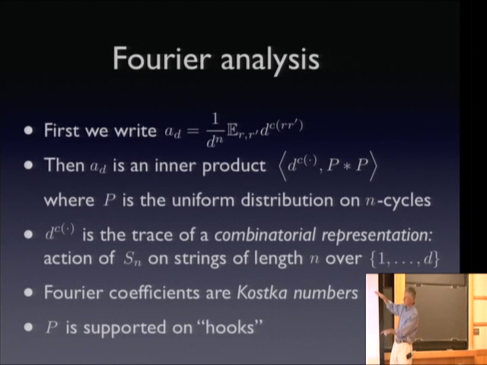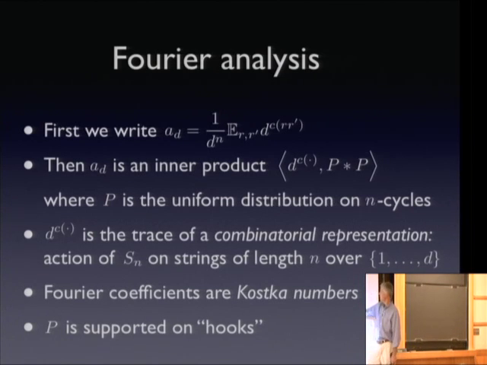I don't want to spend a lot of time on this, because if this technology is not familiar to you, this won't give you any traction. But what I would like to get across is that once we have the diagrammatic picture, it's quite straightforward to use the representation theory of the symmetric group to compute the inner product of these two class functions. This one, it turns out, is the character of a very beautiful combinatorial representation whose Fourier transform is known.